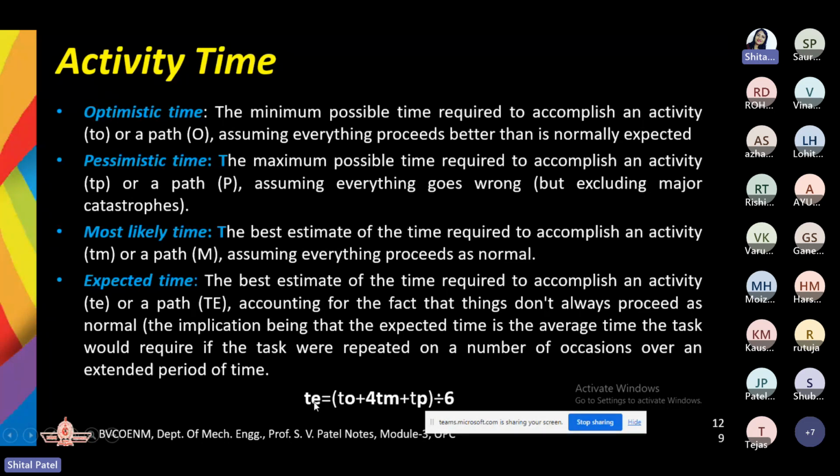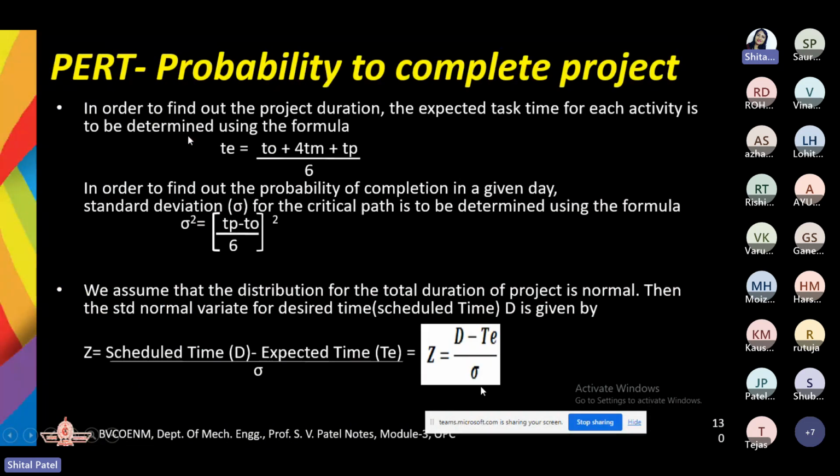So now this PERT example, through this TE, we are converting it into CPM. So the first step will be only to find this particular TE. TO, TM and TP are going to be given to you and you need to find out the TE.